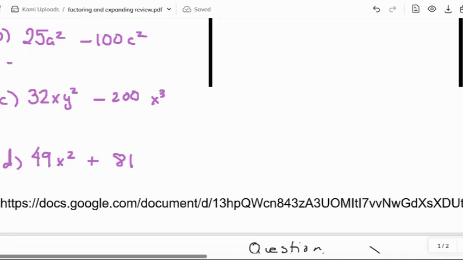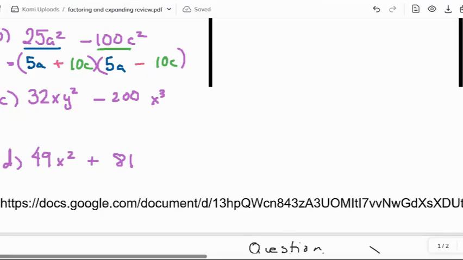Okay, once again, step 1, draw 2 brackets. Step 2, take the square root of the first term, take the square root of the second term, and then one gets a plus and one gets a minus. Now tell me what's the problem with C?